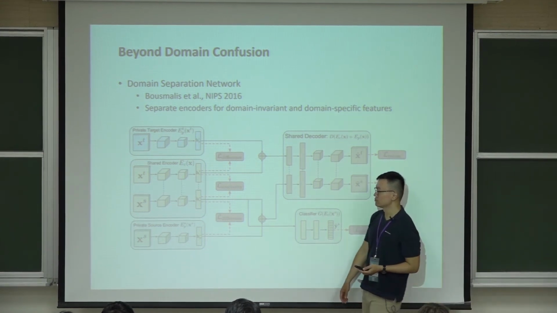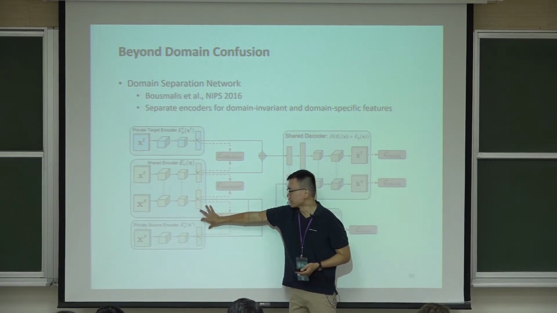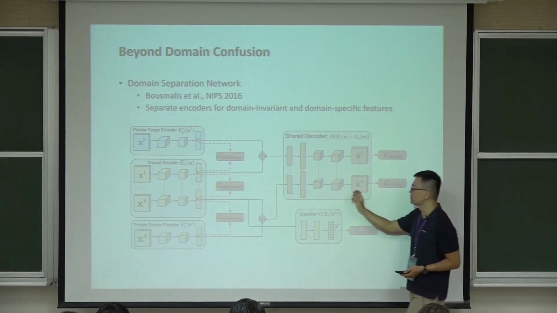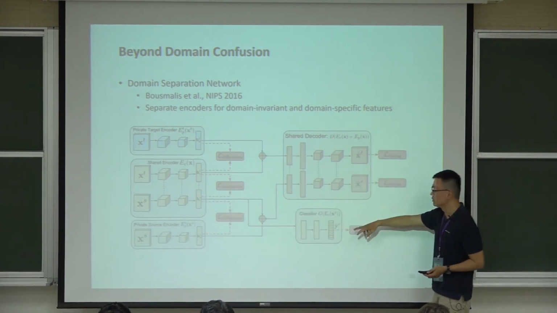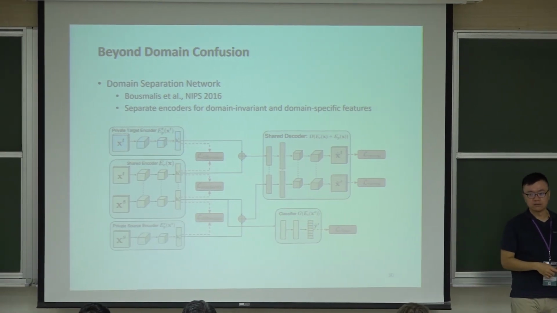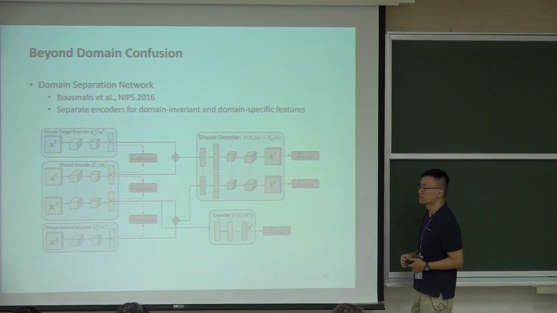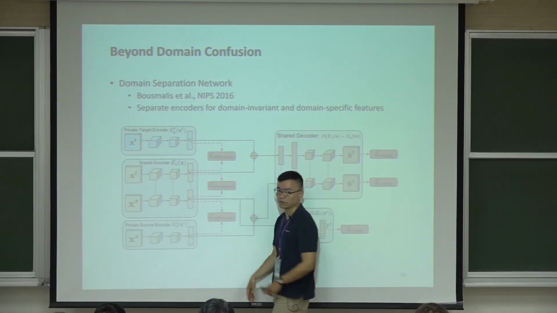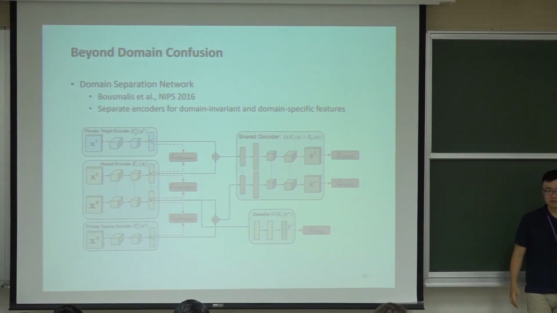And again, with the integration of both features extracted, they should be able to do good reconstruction. With the content features extracted and the source domain label information available, they should be able to calculate the classification loss. And with such multitask learning, they can do backpropagation to refine all their encoders, decoder, and the classifier. And that is how they design this domain separation net.